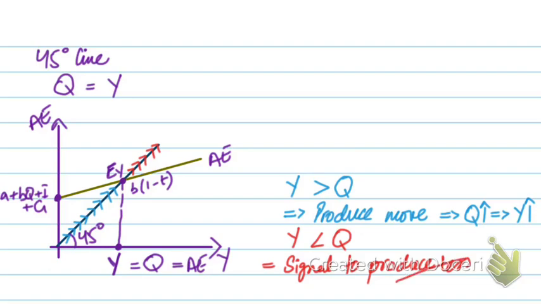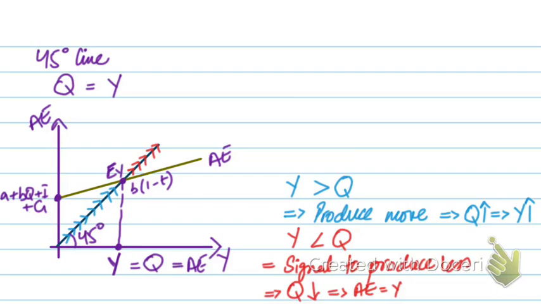Which results in a fall in output, resulting in a fall in equilibrium income, resulting in AE equaling equilibrium income. Right. So this is one way to determine income in a closed mixed economy.